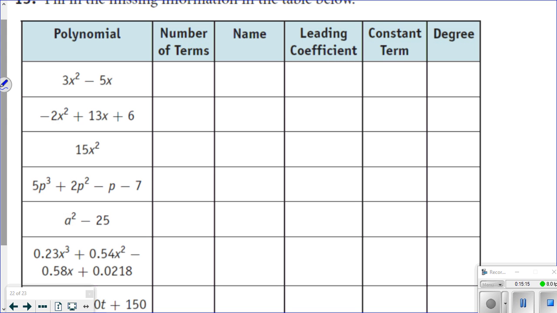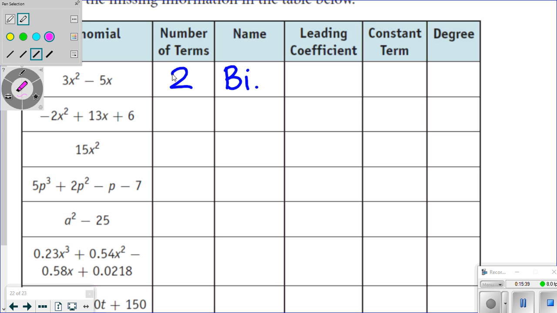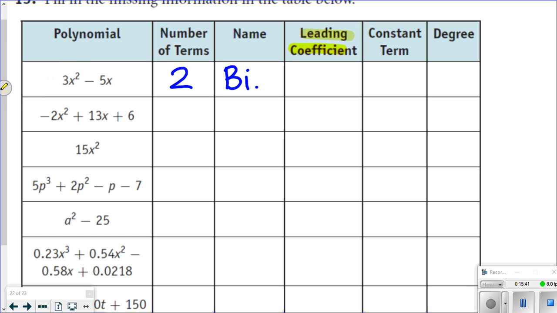So if I'm looking at the first polynomial, I have 3x squared minus 5x. Count the number of terms, 1, 2. And I'm going to run out of room to write the name, so I'm just going to abbreviate. This is a binomial. Remember, my leading coefficient is the number out in front. So that would be 3.